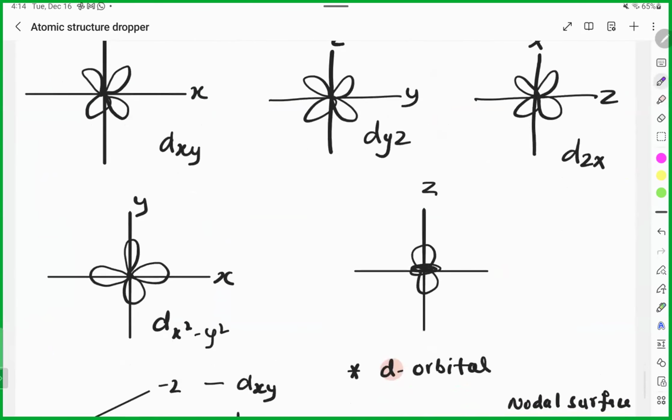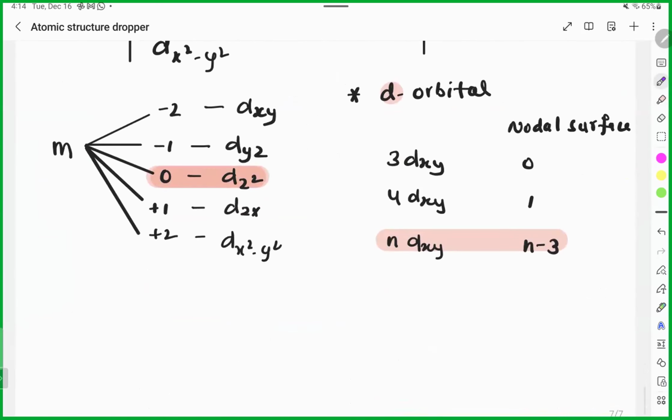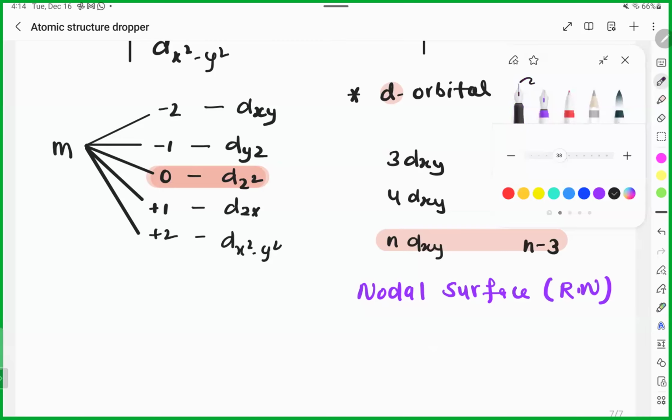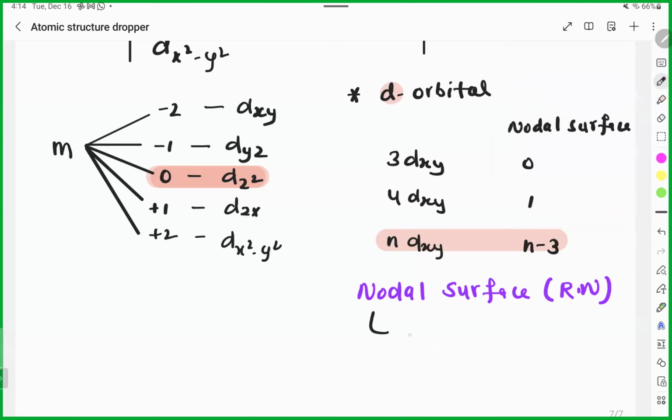Correct? Why? Because the basic rule remains the same. How to calculate nodal surface? Nodal surface is like radial node, and the formula of radial node is n minus l minus 1.